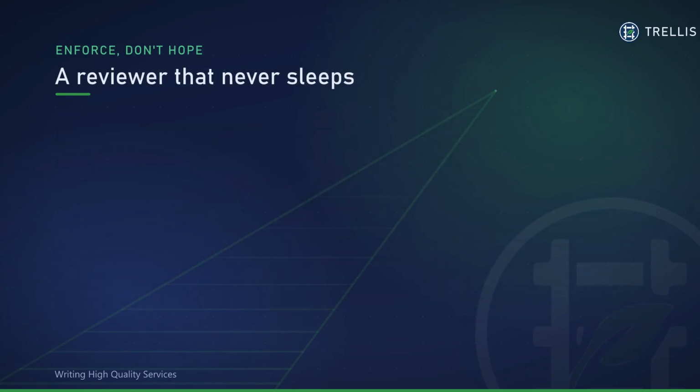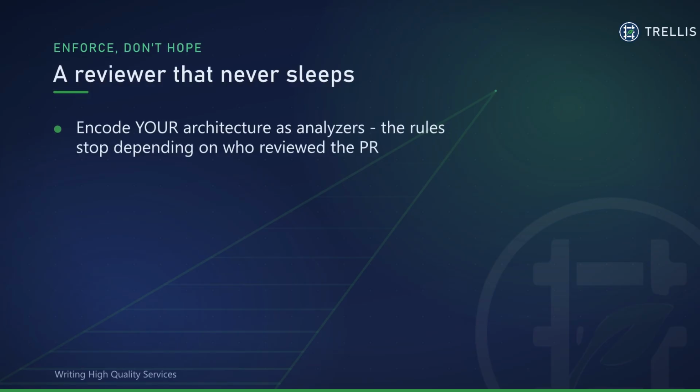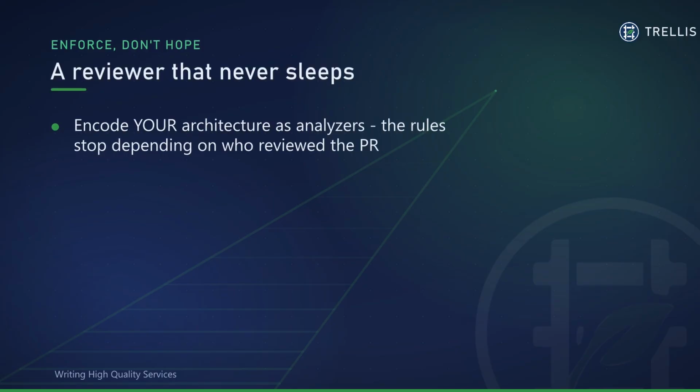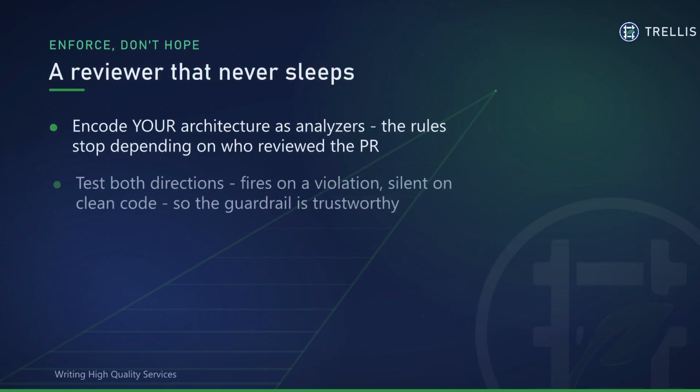So why is this worth a whole episode? Because it's the highest form of the testing idea in this whole series. You're not just testing your code. You're encoding the rules your code must follow and enforcing them mechanically. Write your architecture down as analyzers, and correctness stops depending on whether the right person happened to review the pull request. Test both directions.